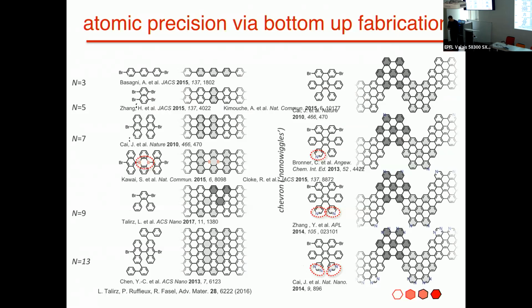Now you can imagine that there is a huge effort from the chemical synthesis side to realize the molecular precursor. And after you have a molecular precursor, there is a huge effort, again, from the experimental side to manage to self-assemble these molecules and obtain the final product.